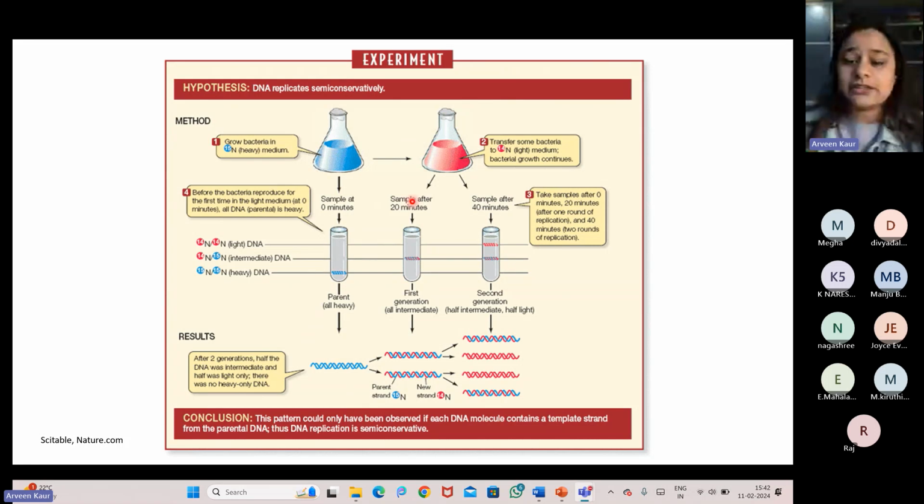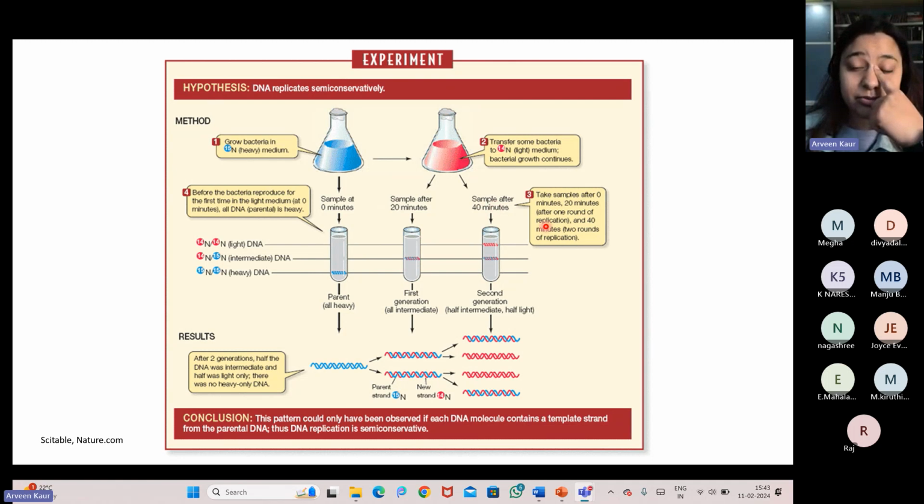But after 20 minutes, after exactly one round of DNA replication had occurred, all the resultant bacteria present in this medium only had an intermediate band. The intermediate band meant that one chain was heavy and one was light, right? One chain had heavy nitrogen incorporated and the other chain had light nitrogen incorporated, right?